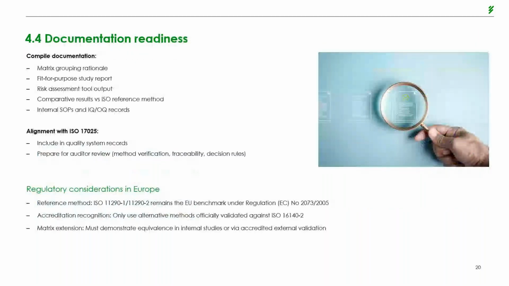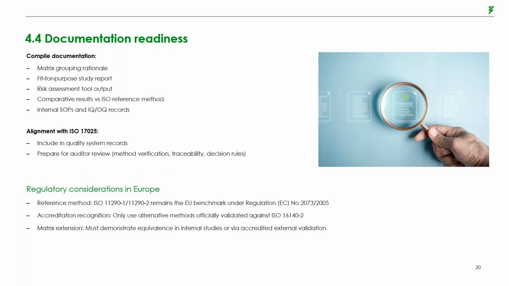And finally, we have the boring part or the complicated part of the documentation. We have to compile the justification for the grouping of the matrix, the report of the fit for purpose testing, the results of this risk assessment tool, and of course the comparative results between the alternative method of interest versus the ISO reference method.